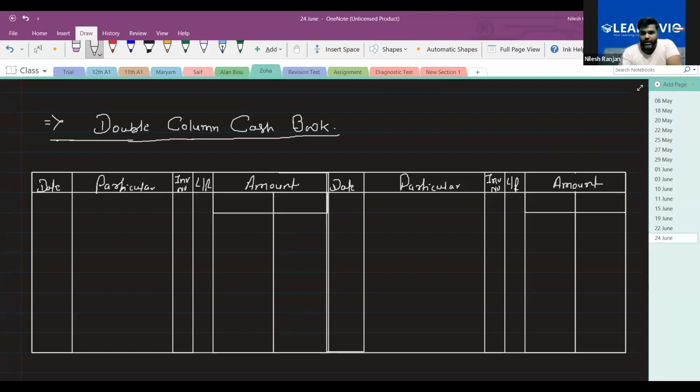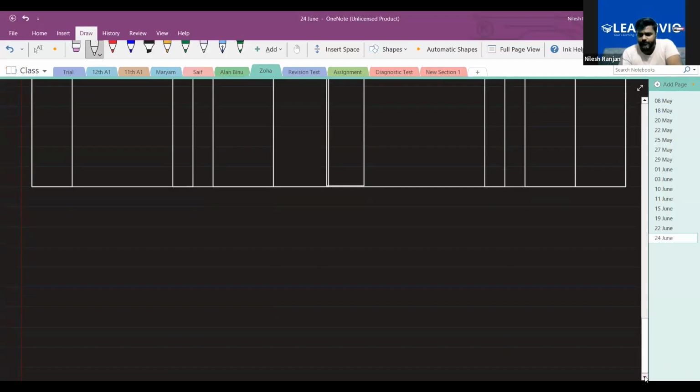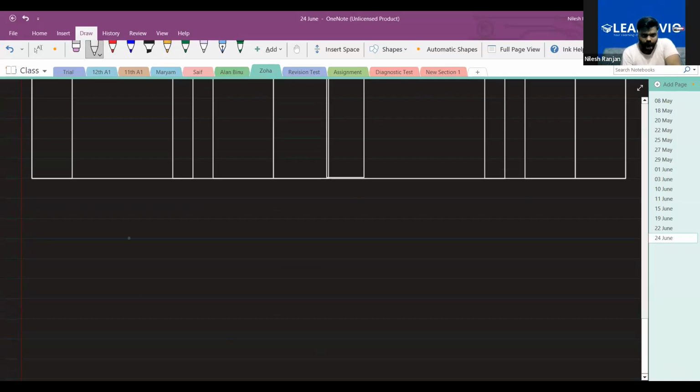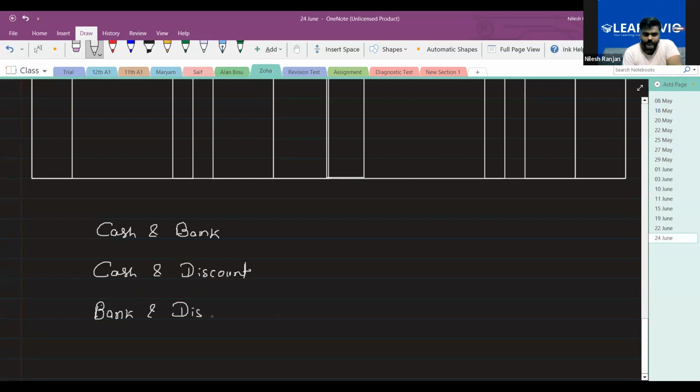In double column cash book, there can be two different types of columns. Either it is cash and bank on both sides, or it may be cash and discount, or you can take bank and discount. So these are the options.